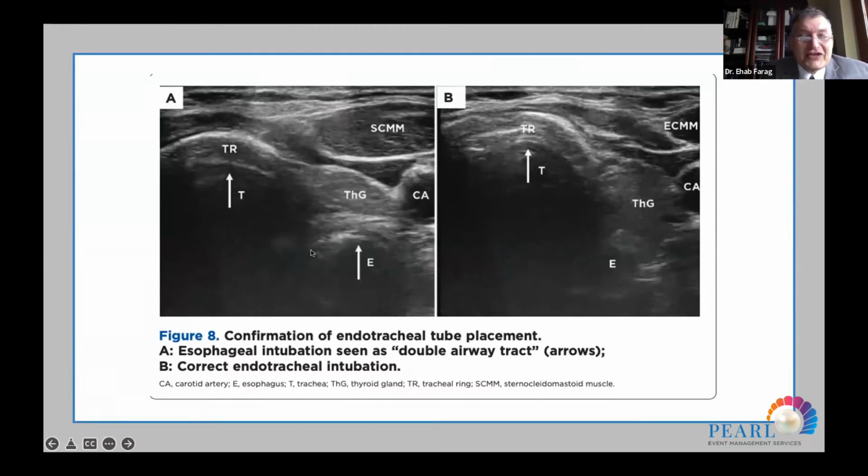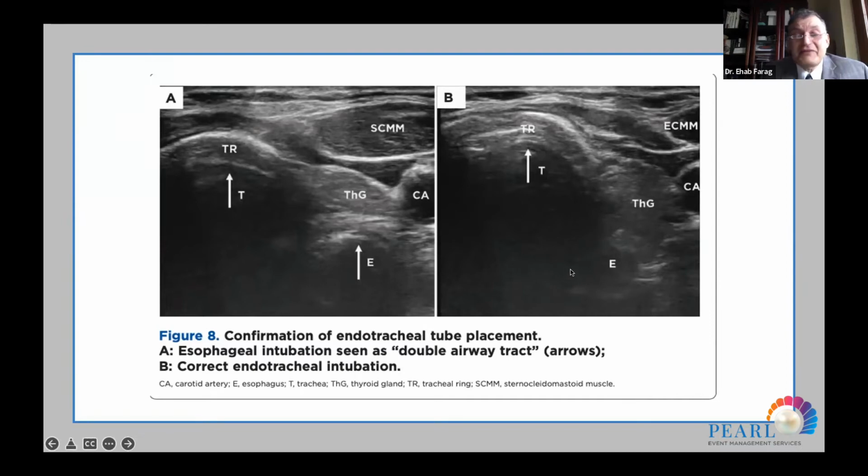So when you put a tube and you put air through this tube, you're producing an air-muscular interface. So you have the double track sign. Here, the esophagus is collapsed. You have the successful intubation. You have the single air track sign. So this is very sensitive and specific for confirming intubation.